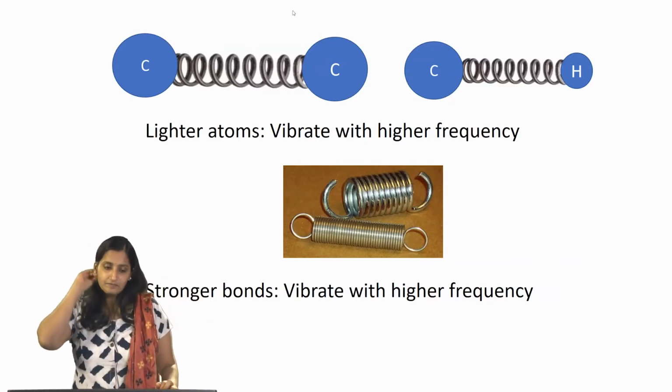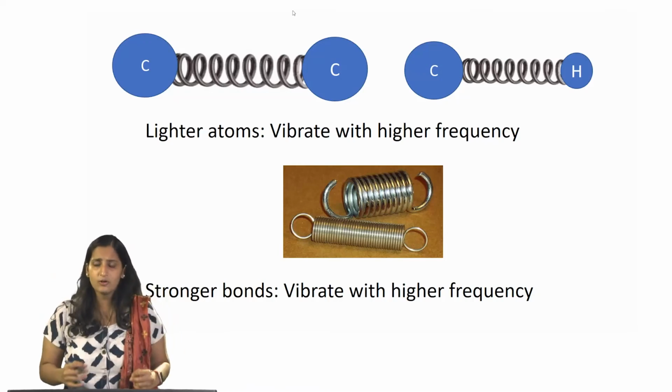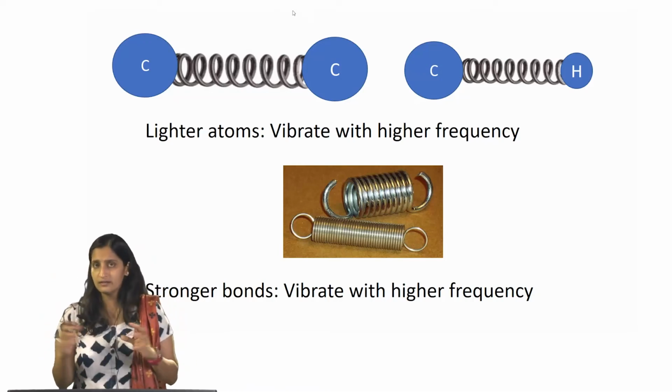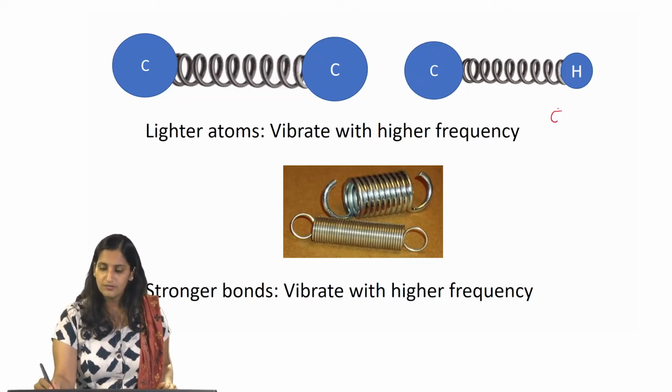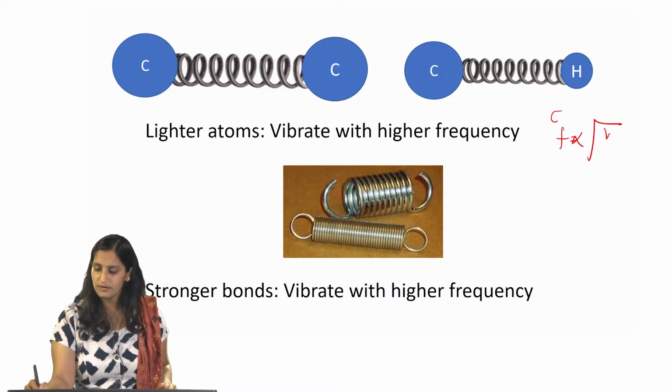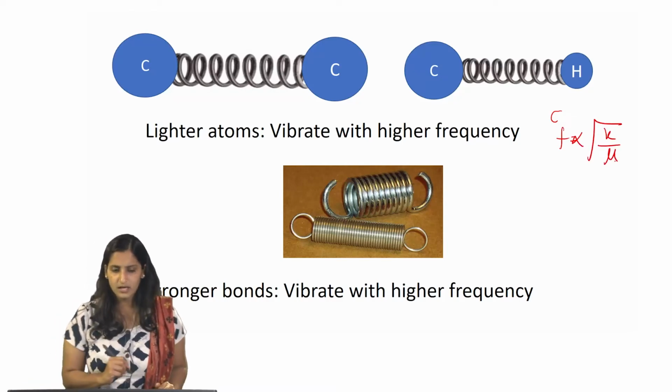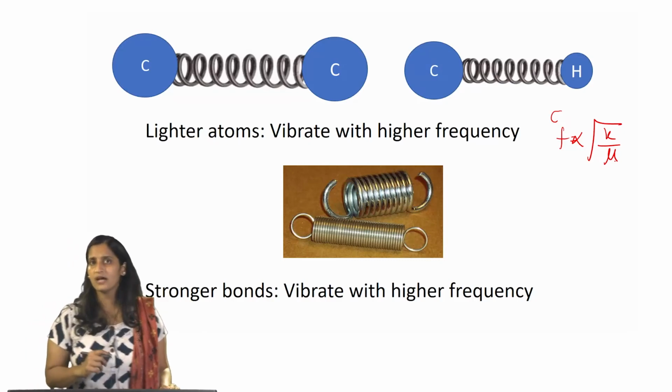Let's say that we shine light on both of these and they have started vibrating. Now, we know that the frequency is proportional to the root of k by mu, right? So, which one will vibrate with a higher frequency?